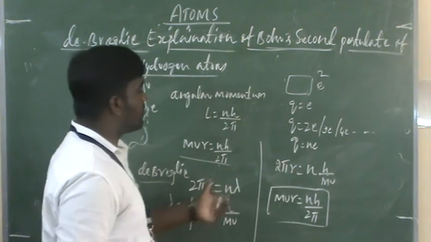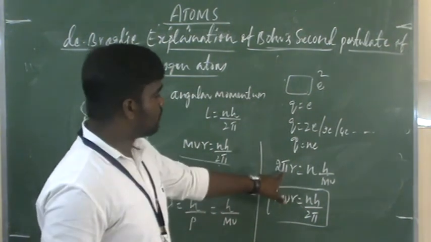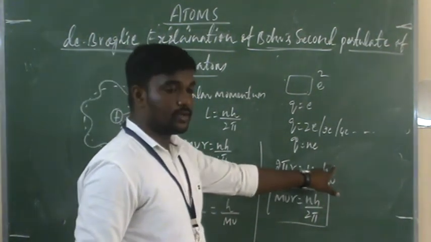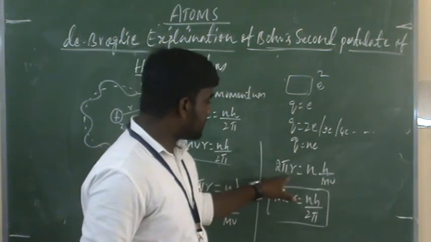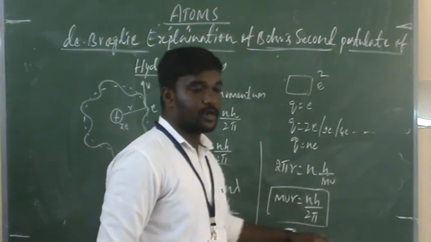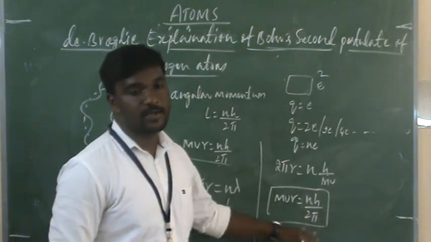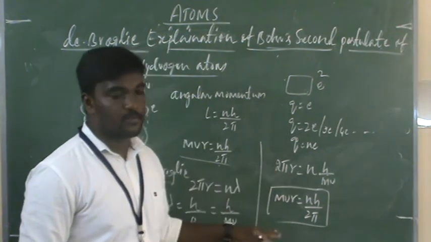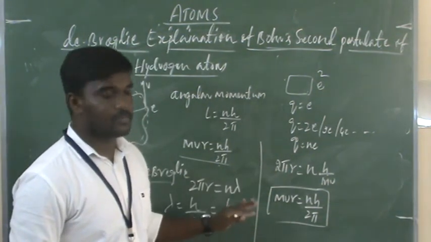Substitute this lambda value: 2 pi r is equal to n into h by mv. Interchanging, mvr is equal to nh by 2 pi. This is the final expression we got, de Broglie's explanation of Bohr's second postulate.